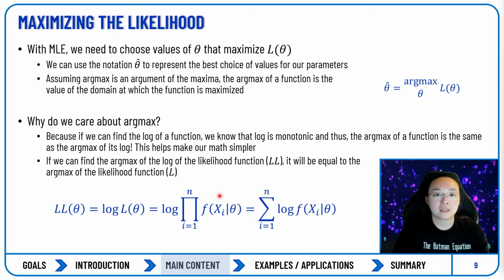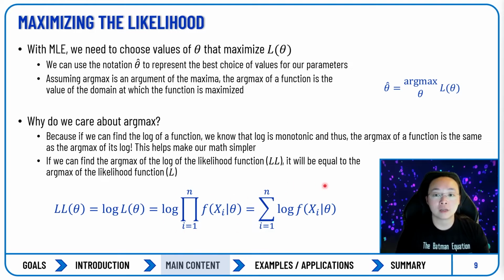So to make things simpler, we're just going to call the log likelihood LL like this, and we're going to set it equal to the argmax of the likelihood function L. So we have LL of theta being equal to the log of the likelihood function, which is equal to the log of this, which is the likelihood function.